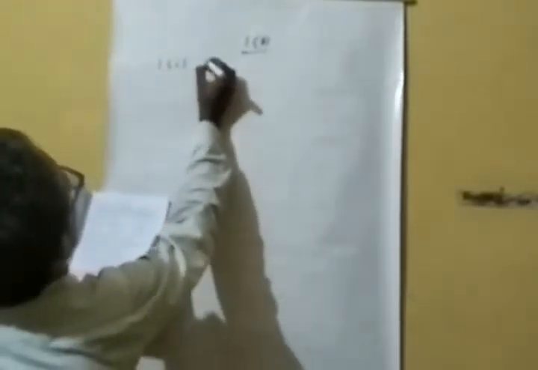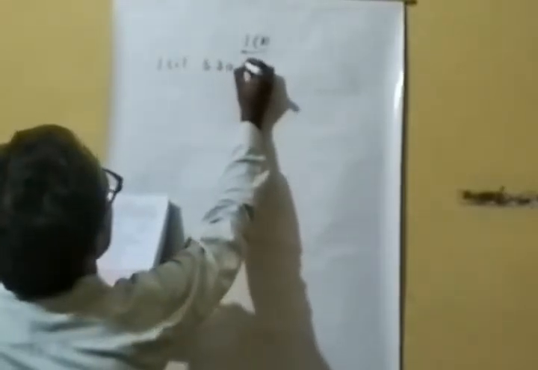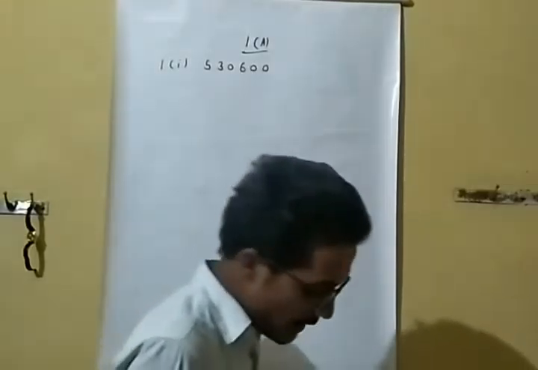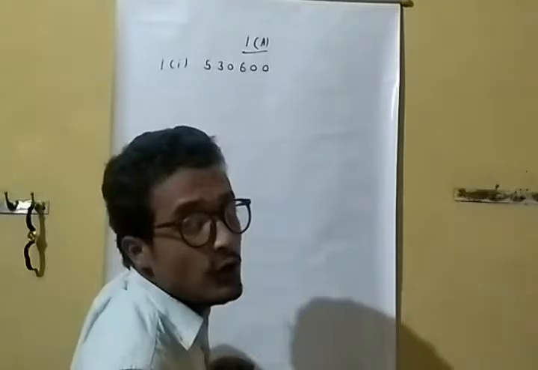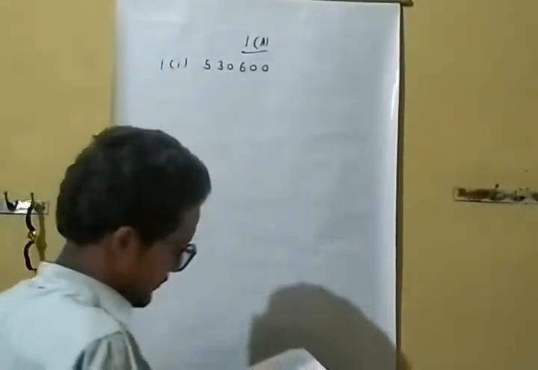The first part is 5,30,600. This is in numeral form, and we will have to write it in words.